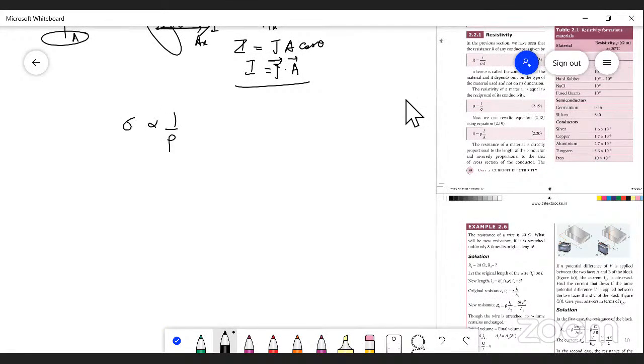Conductivity and resistivity are inversely proportional. Sigma is inversely proportional to rho. If sigma equals n e square tau divided by m, then rho will be m divided by n e square tau. This rho is called resistivity.